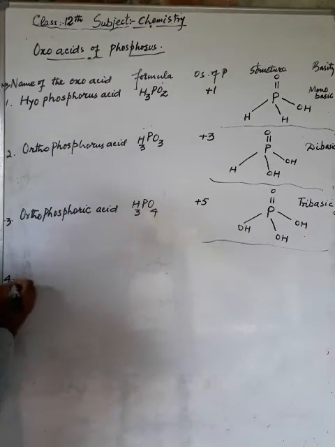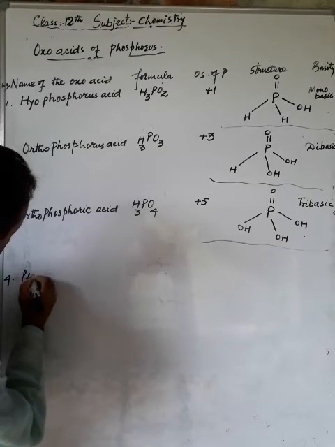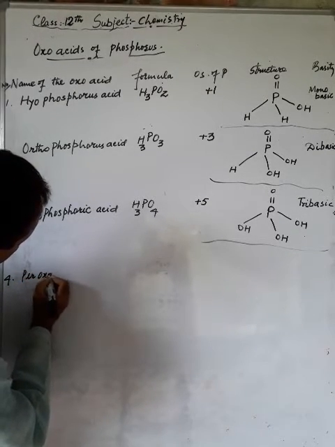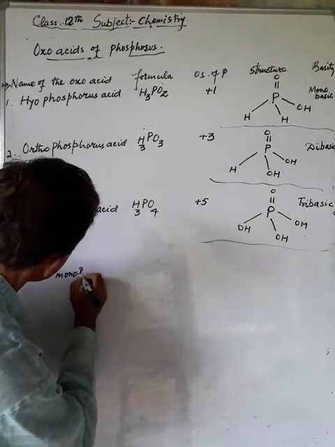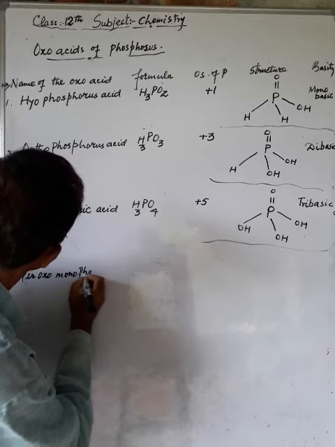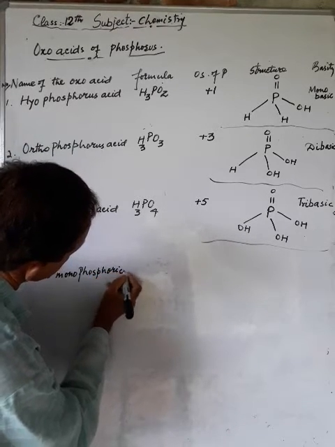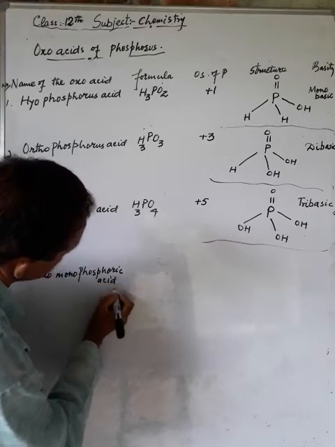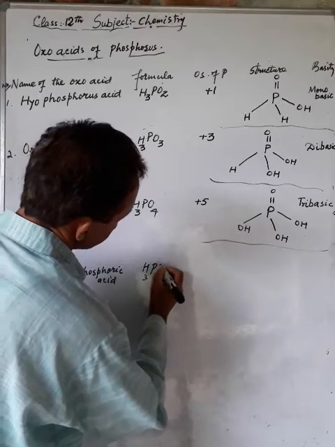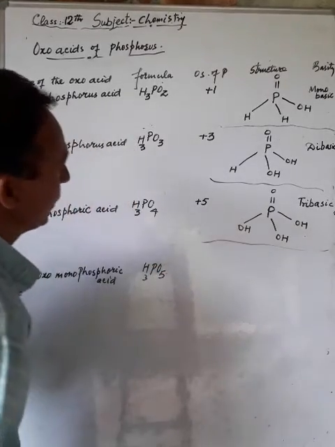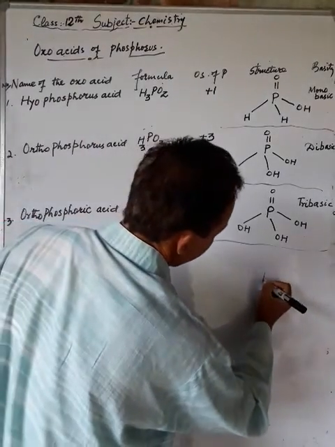Number 4 is peroxomonophosphoric acid. It is H3PO5, and first we will write the structure.